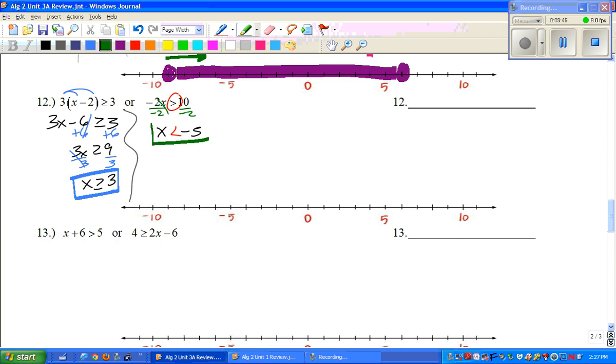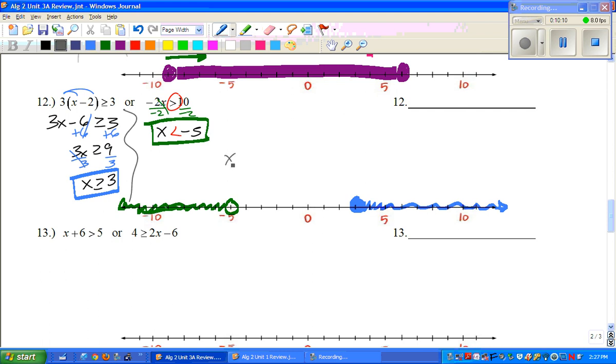So we have 2 different inequalities to graph. First one is x is less than -5, and x is greater than or equal to 3, so we have to shade that in.